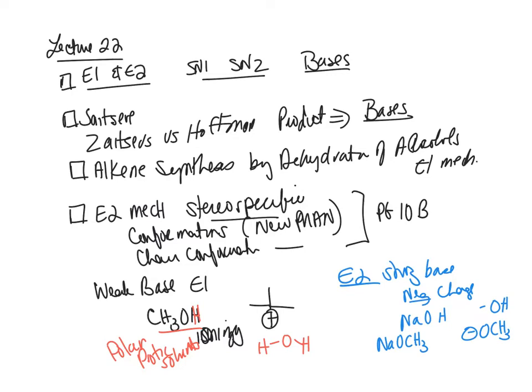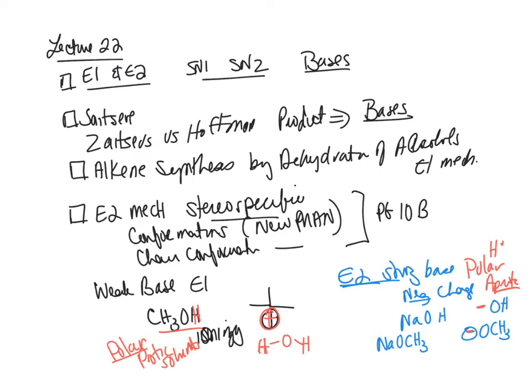So these require strong bases. These solvents are going to be polar, but these are going to be aprotic. Okay, we don't want that proton around because it'll shut down our negative charge. Okay, we do not want it shutting down our negative charge. Here we want the proton around to stabilize that carbocation.